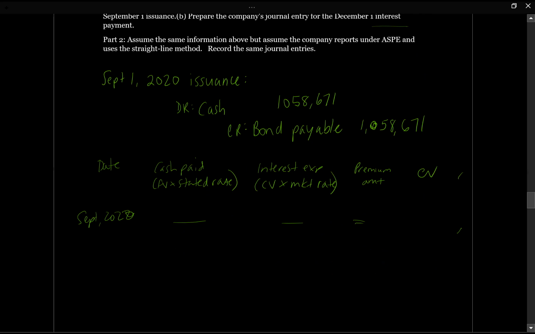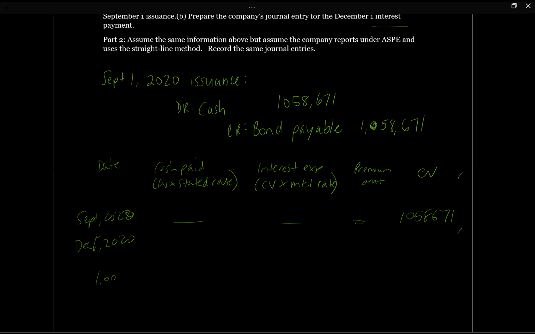So the cash paid on the bonds is going to be the face value of the bonds, which is going to be 1 million, times the stated rate. So in this question, it says that the bonds pay out interest at 9%. And then this is really important. We need to think about how often these interest payments are going to take place, because if we just took 1,000,000 times 9%, that would give us our annual payment that we would make to our bondholders.